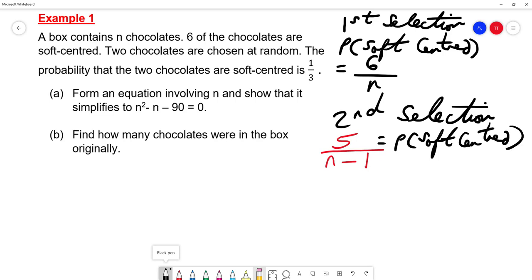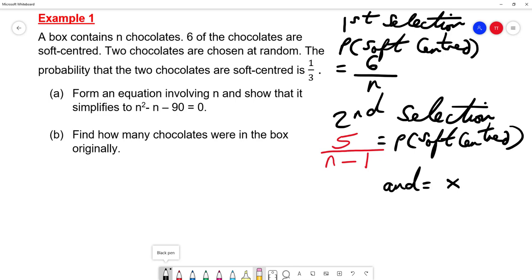So now that we've got the probabilities written down, the key thing here is the word both or and. In our case, we've got 2 chocolates that are soft-scented. That is basically meaning a soft-scented chocolate and a soft-scented chocolate. The key word here in probability, and always means times. So does the word both.